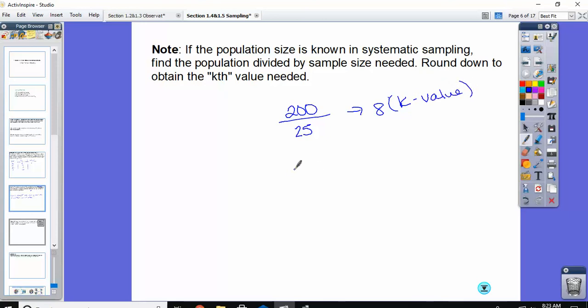You round down if needed, so if there were like 306 produced in a day, and I need 25, 306 divided by 25 gives me 12.24. So we would use 12 for the K value. Okay, so that helps you spread it out, so you're not only picking samples from the beginning or the end when you're looking at them.